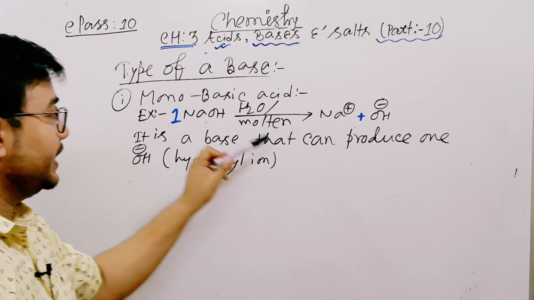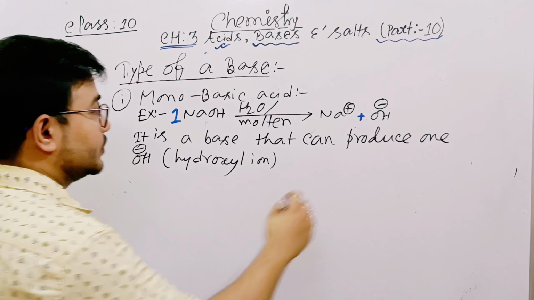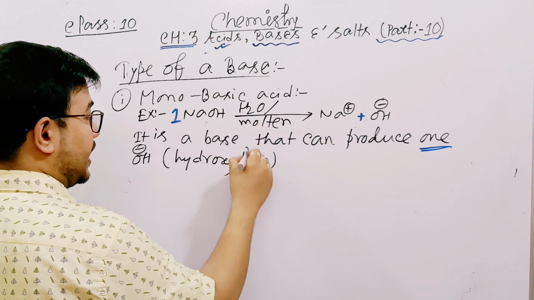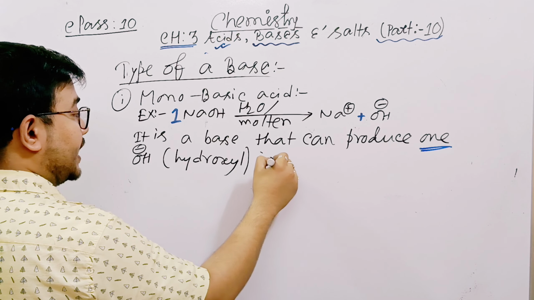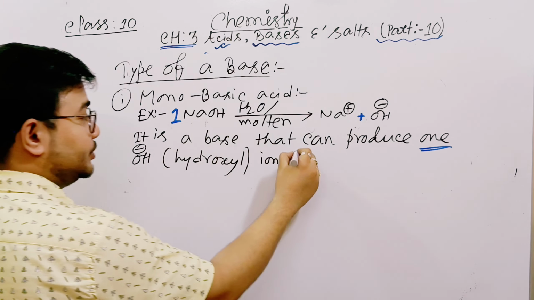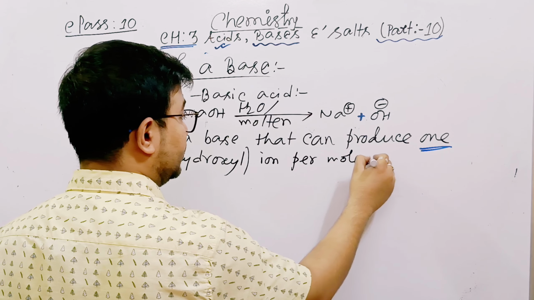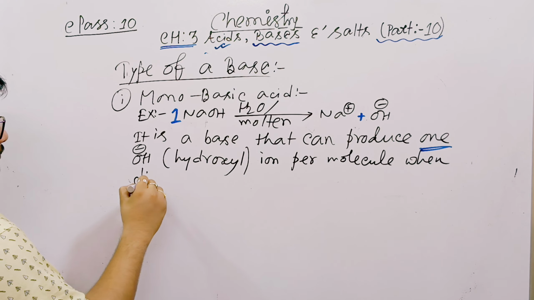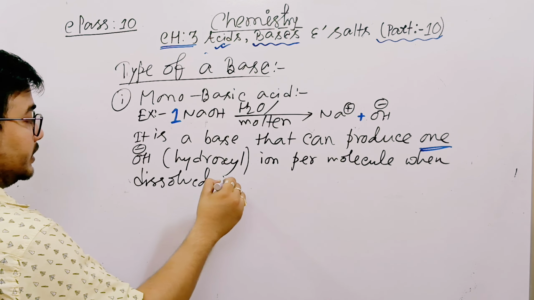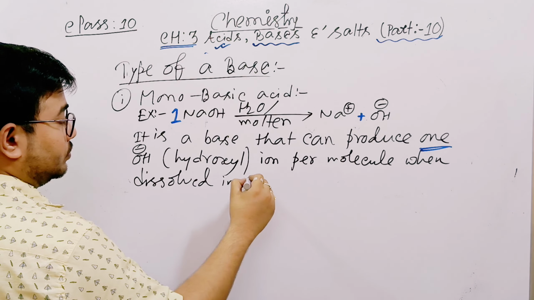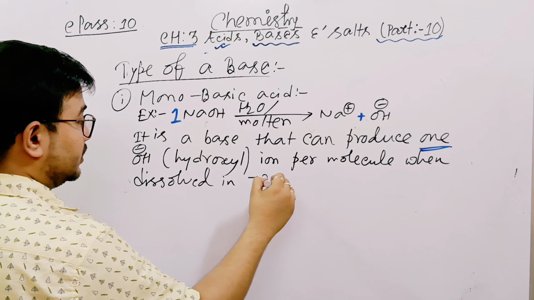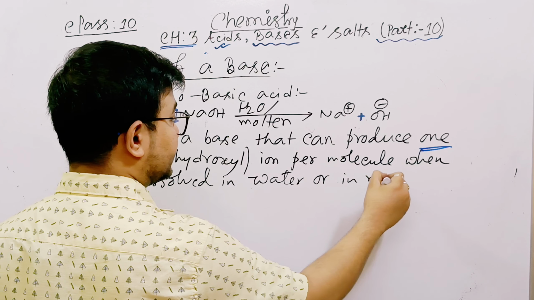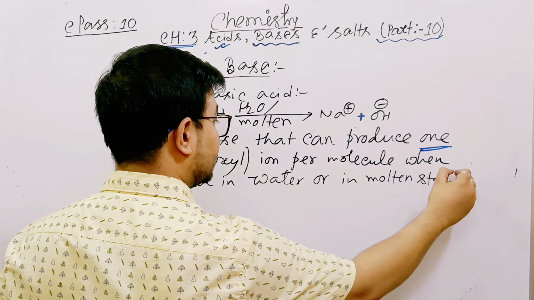So it is a base that can produce one OH minus ion per molecule when dissolved in water or in molten state.